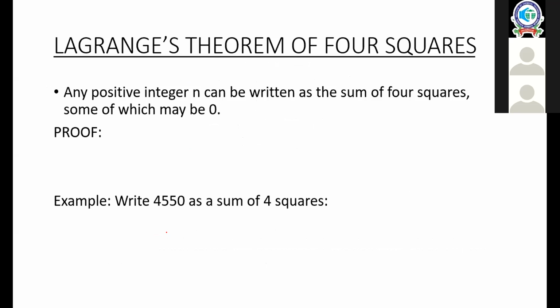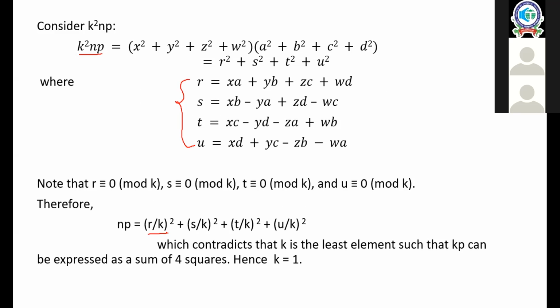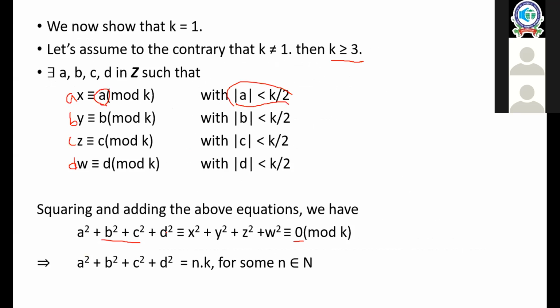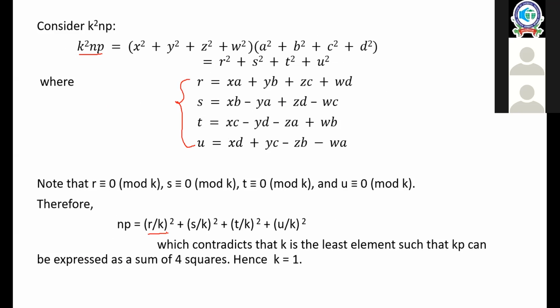K equals 1. But in this overall proof, where did you face difficulty? We took some time here, on these last two steps. Yes, this was a little tricky.